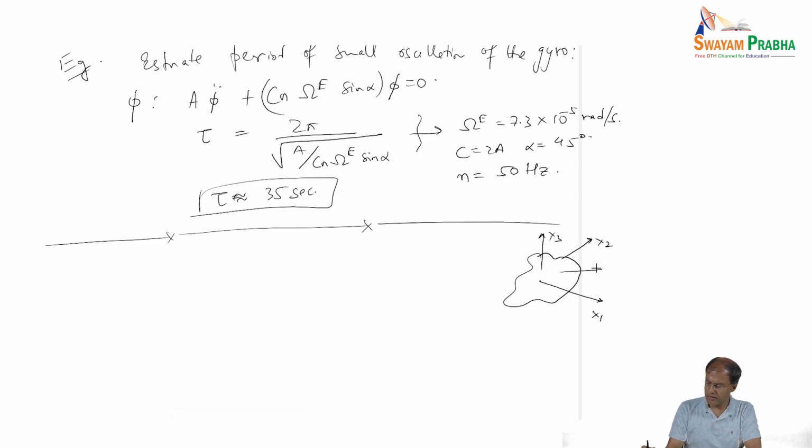This is omega, and this is the body fitted frame now. So we are looking at the Euler equations of motion. The Euler equations are the equations of motion in the rotating frame.